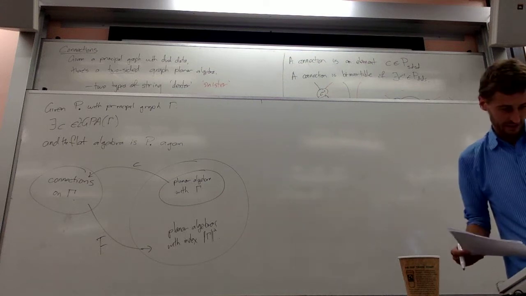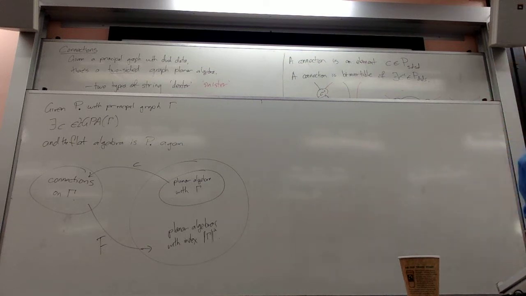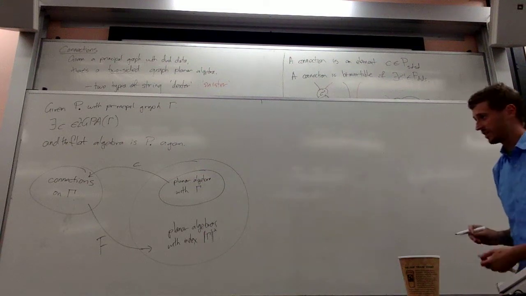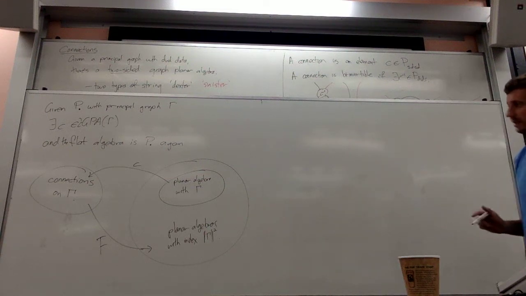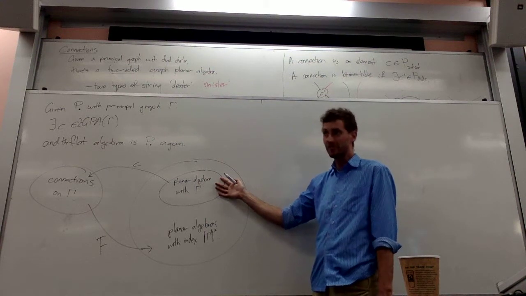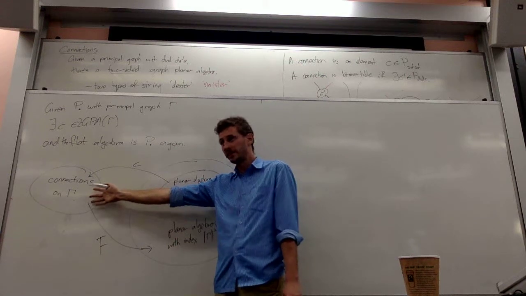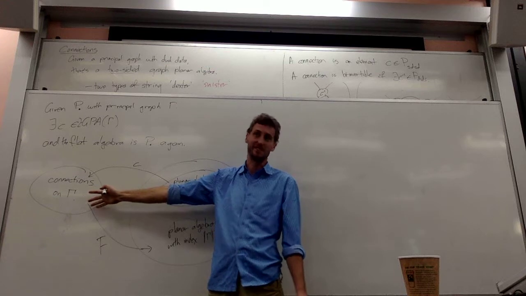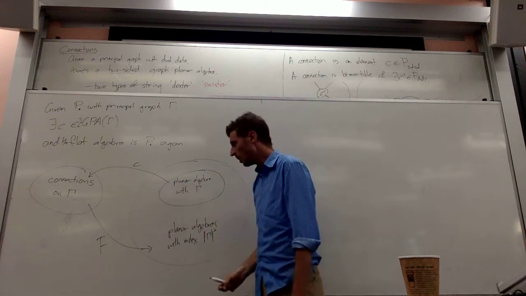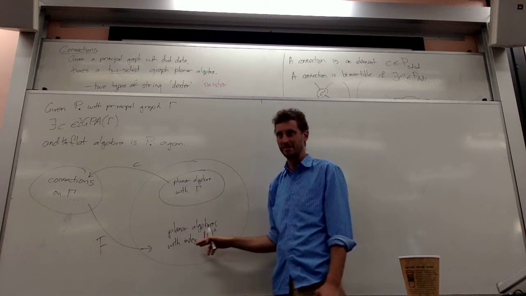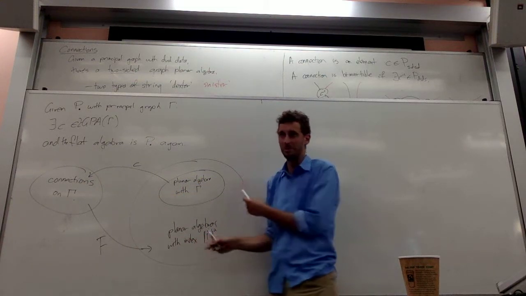Okay, so that's a huge piece of machinery. But what's the idea now? Well, one way that you can show that a planar algebra with a given principal graph doesn't exist is by analyzing all of the possible connections on that graph, and either showing, if you're lucky, that there are just no connections on that graph, which is actually surprisingly common, or identifying those connections that there are on that graph and showing that they all give planar algebras with the right index, but the wrong principal graph.